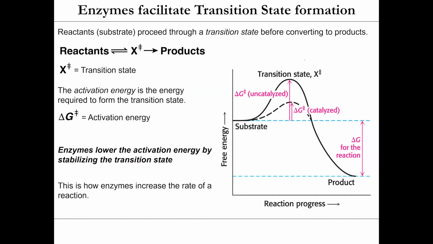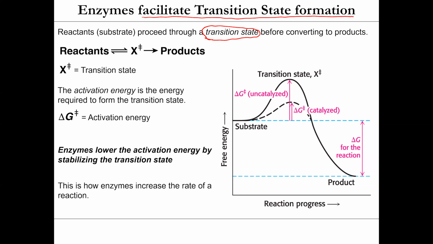So how do enzymes increase the rate of a particular reaction? They facilitate the formation of that transition state that I mentioned briefly before. Reactants, or what would be called the enzyme substrate, proceed through a transition state before they convert to products.